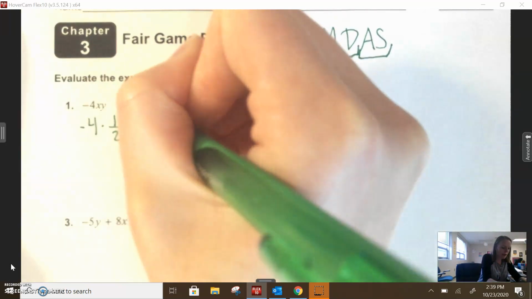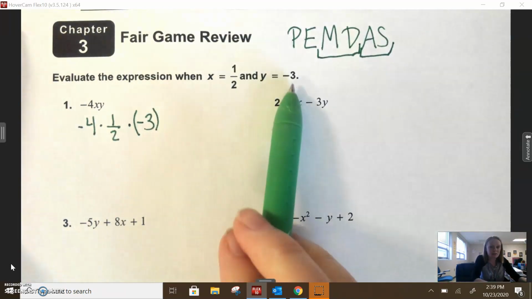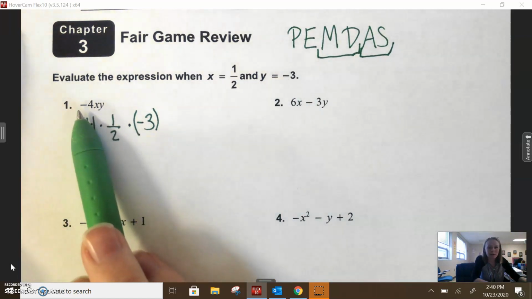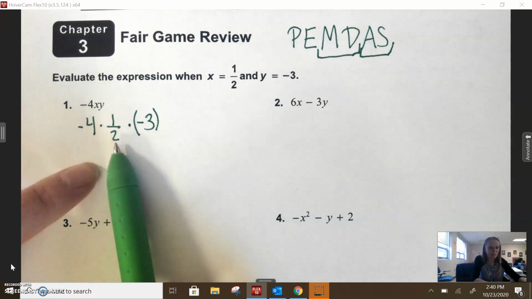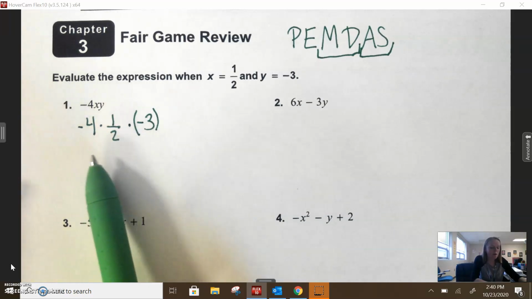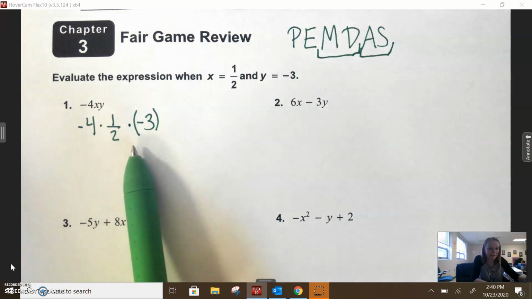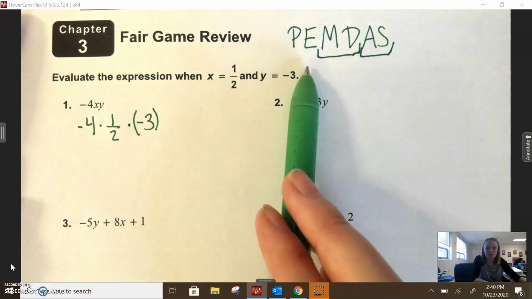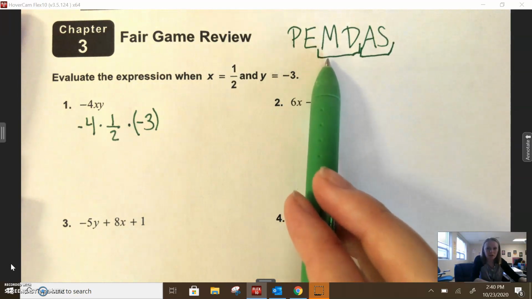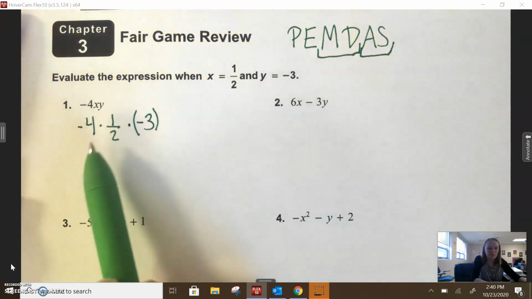When we do this, you have to be very careful because this is a negative number, and you can't lose this negative as soon as we rewrite this. I rewrote this whole thing, but with numbers instead of letters. Now that we have this written out with numbers, we can follow the order of operations. There's no parentheses, there's no exponents, it's all just multiplication, but we still have to go from left to right.